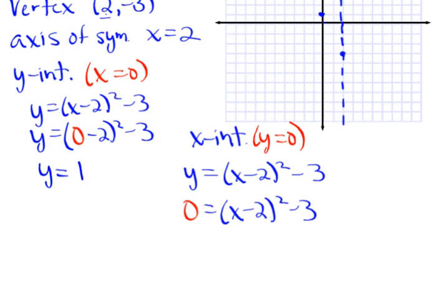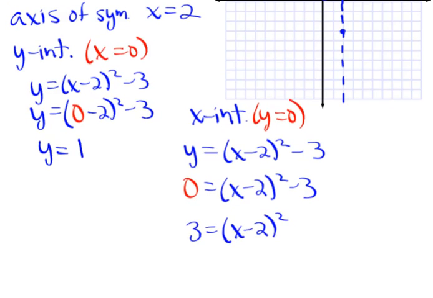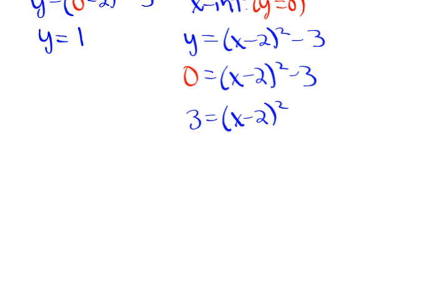We want to solve for x, so we isolate x by isolating what's squared by adding 3 to both sides. Once that's done, we have the squared part isolated, so we can take the square root of both sides. Don't forget your plus or minus.